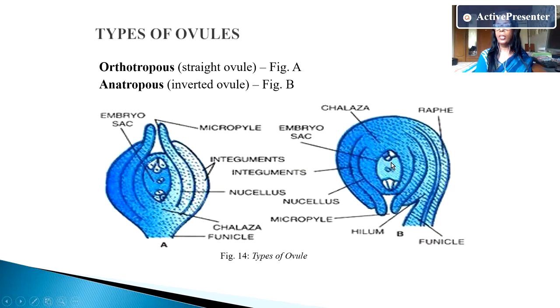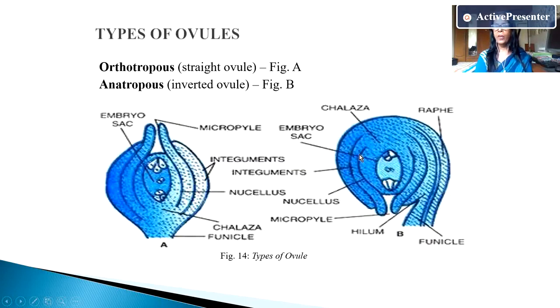So the total embryo sac is a 7-celled, 8-nucleated structure. 3 nuclei here, 3 nuclei here, 2 nuclei here. So total 3 plus 3 plus 2, that is 8 nucleated. And here 3 cells, here 3 cells, here 2 nuclei are united, so here 1 cell. So this is a 7-celled and 8-nucleated structure. That is the peculiarity of this embryo sac or female gametophyte.